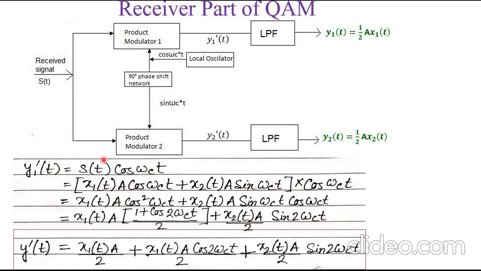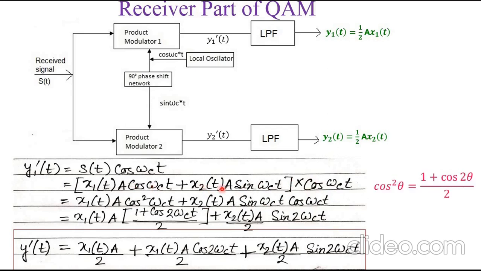So now put this value of S(t). y1'(t) will be x1(t) A cos omega_c t plus x2(t) A sin omega_c t, into cos omega_c t. After simplifying, it will be x1(t) A cos squared omega_c t plus x2(t) A sin omega_c t cos omega_c t, because this cos omega_c t is multiplied with each term.